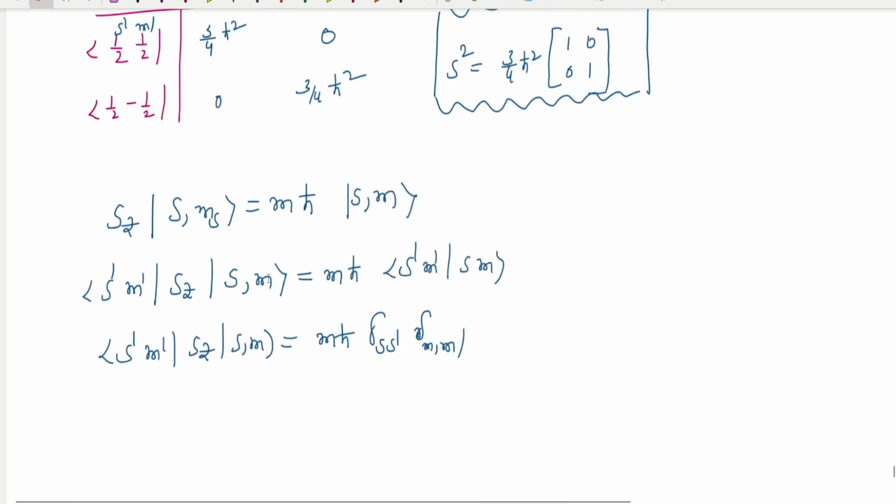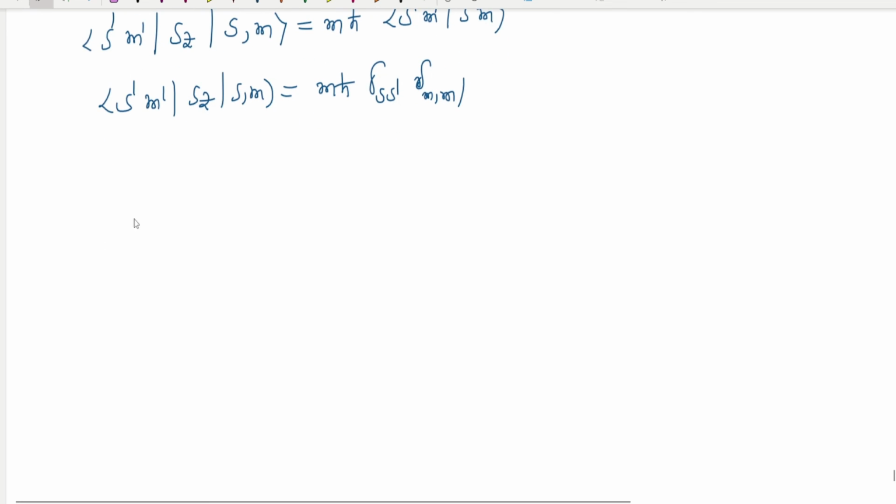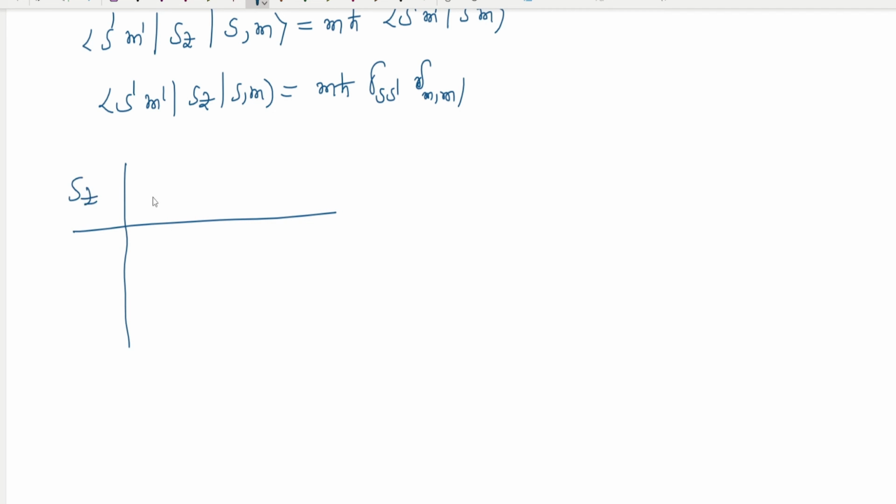Okay, very good. So if you try to write the matrix form here, this is Sz. The quantum states are 1 divided by 2, 1 divided by 2, and 1 divided by 2, minus 1 divided by 2. The bra states are likewise.